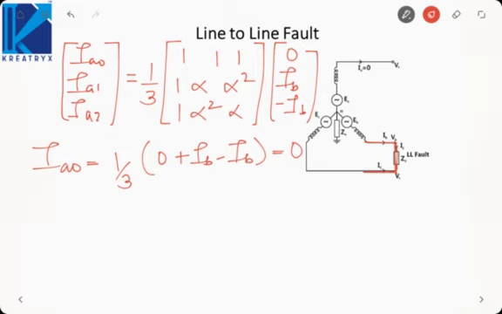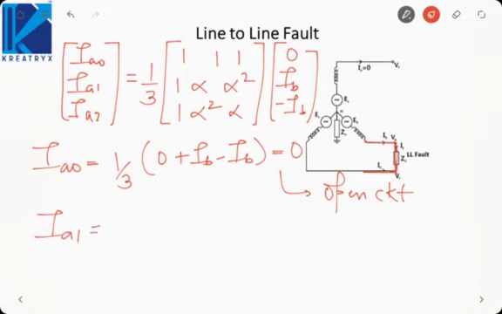So the zero sequence current is 0, hence the zero sequence circuit will be open circuited. Remember, whenever the ground is not present, as in a line to line fault, the zero sequence circuit will be open circuited, or the zero sequence current will be 0.